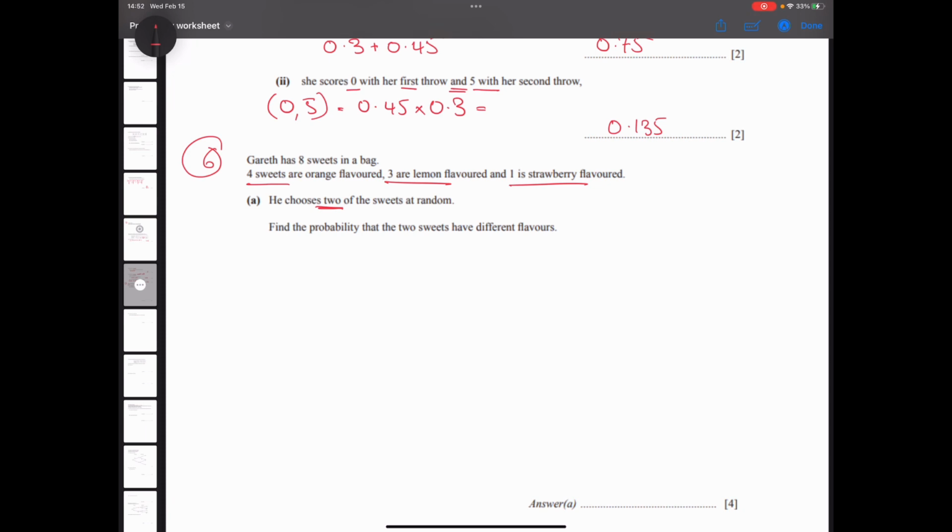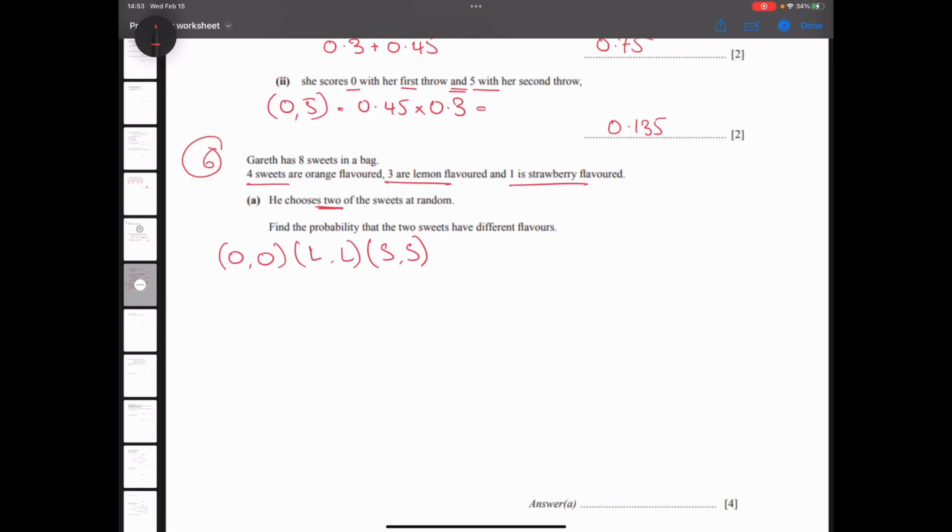And I'm going to say that if 2 sweets have the same flavor, it's going to be, let's say, orange, or lemon, or strawberry. Okay, find 2 sweets of different flavors.